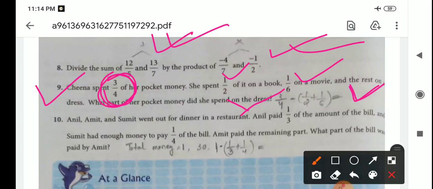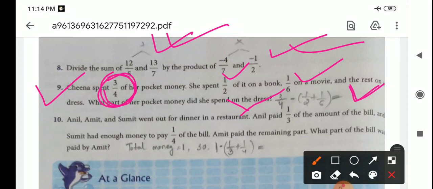Okay. Then number 10. Anil, Amit and Sumit went out for dinner in a restaurant. Anil paid 1 by 3 of the amount of the bill and Sumit had enough money to pay 1 by 4 of the bill. Amit paid the remaining part.